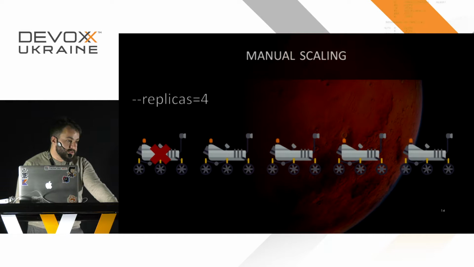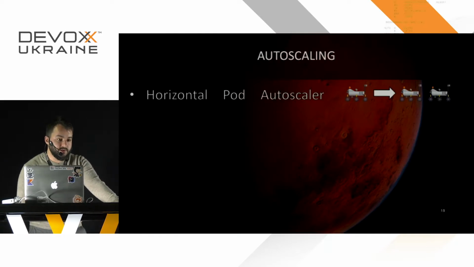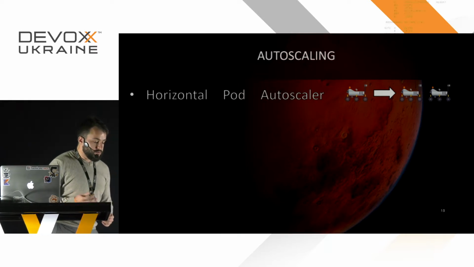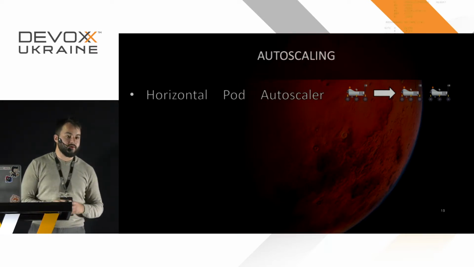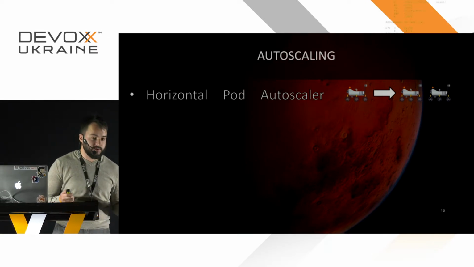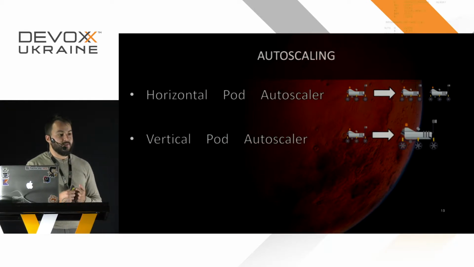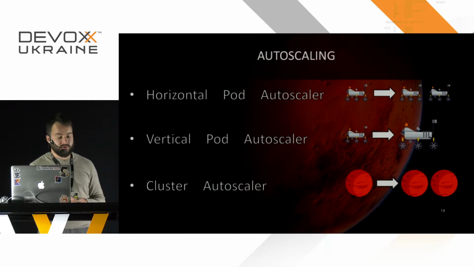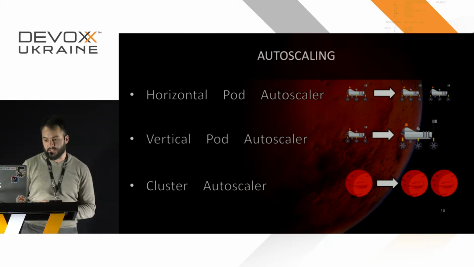This is just manual scaling, but Kubernetes also allows you to do auto-scaling. You actually have a few types of auto-scaling. There's horizontal auto-scaling, which will increase the number of instances based off the CPU metrics or any custom metric that you want. There's vertical scaling, which will increase the amount of resources that is needed for our service. And there is the cluster autoscaler, which can increase the number of nodes inside of your Kubernetes cluster.